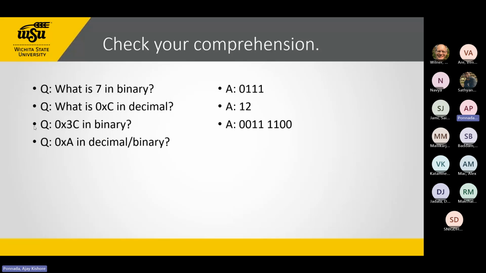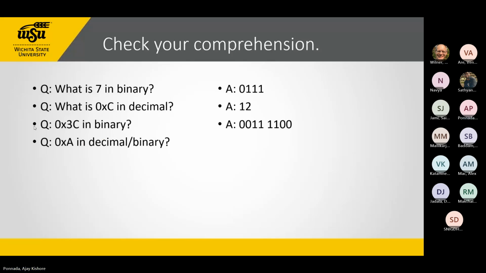So hexadecimal A, in decimal or binary. Simple. And we express with 4 bits padded to make clear the relationships. 0xA in decimal and binary.